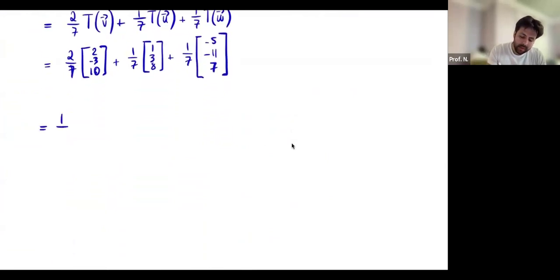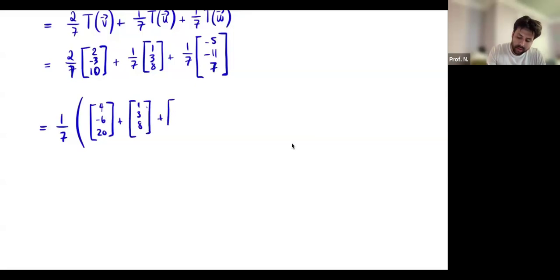I'm gonna take out the 1/7 for now. I'm just gonna multiply by 2. You get (4, negative 6, 20) plus (1, 3, 8) plus (negative 5, negative 11, 7).